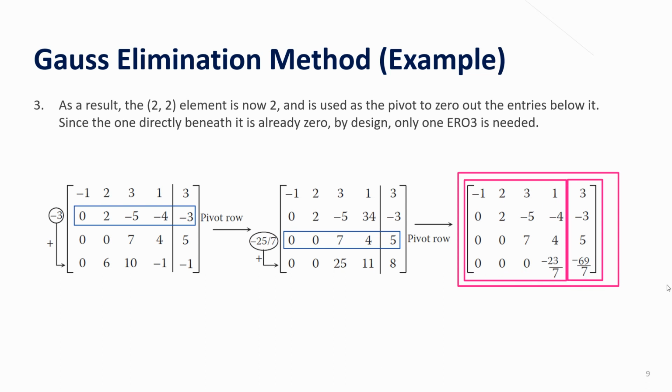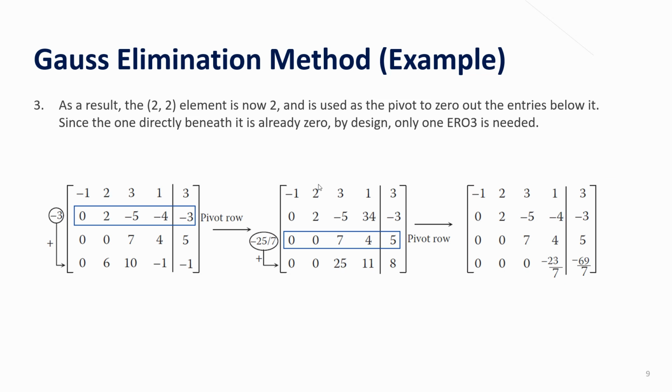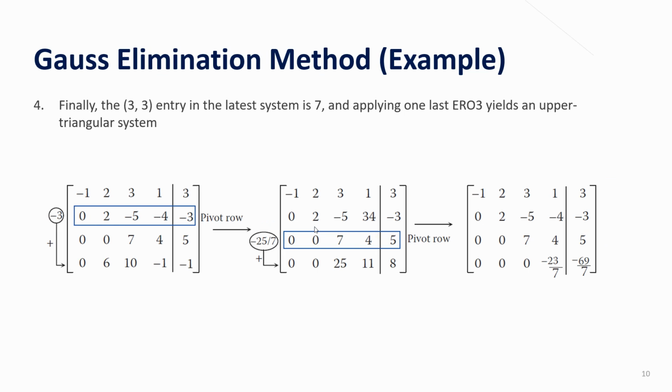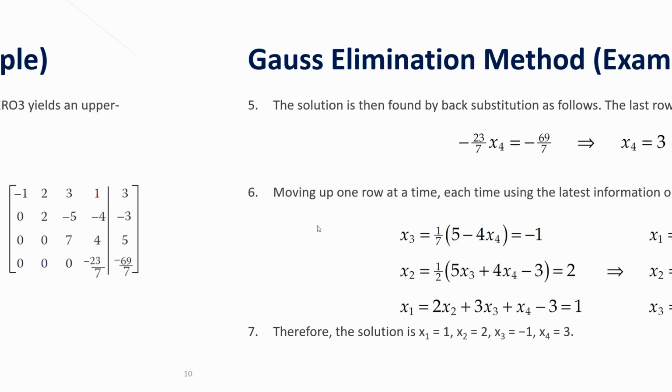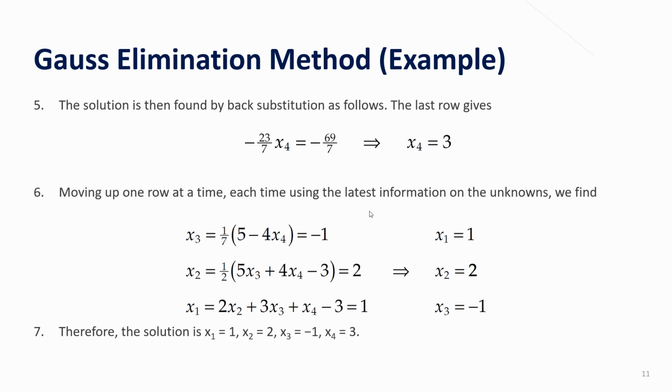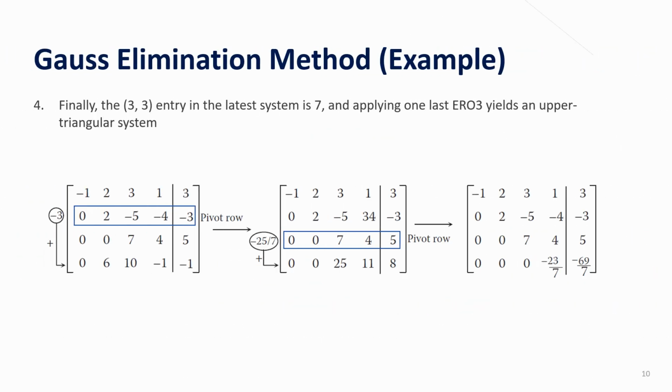How do you return the new augmented matrix into the original form to get the value of the X variables? Now we move on to substituting it back. Let's try to remember that each of these columns represents x1, x2, x3, x4.